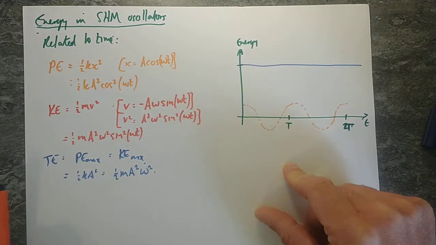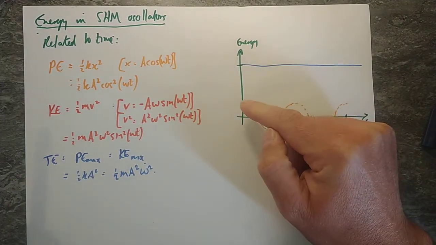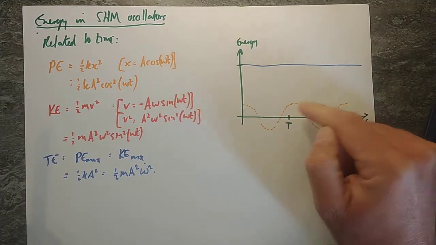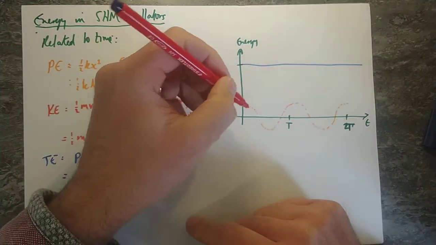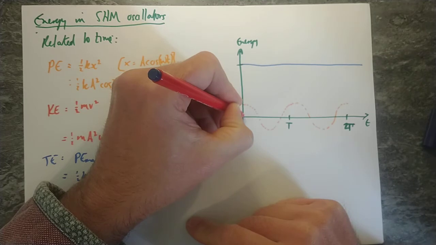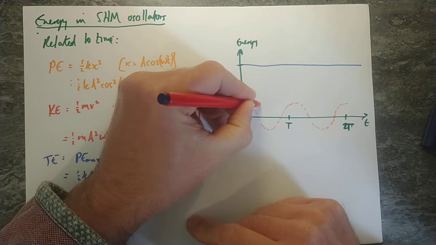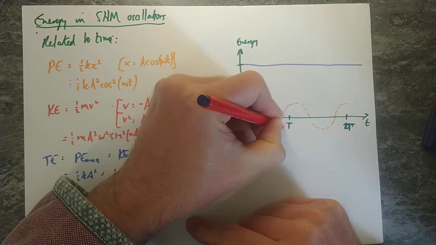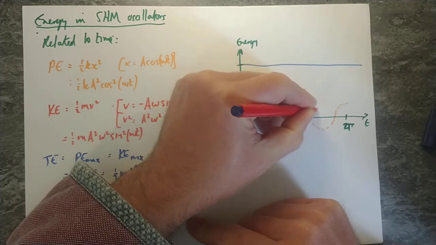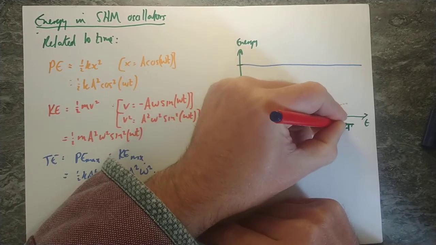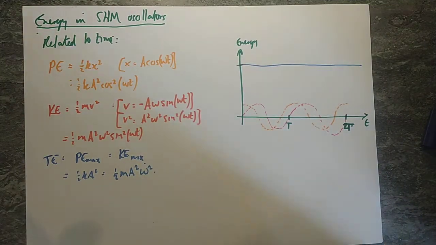is like that. The cos graph obviously goes from 1 to -1 to 1 and has that time period like that. I'm going to draw the kinetic energy graph, the sine graph, here as well. I'm just drawing these as a way of helping you to sketch the graph.